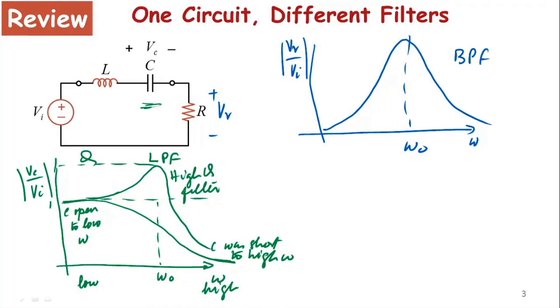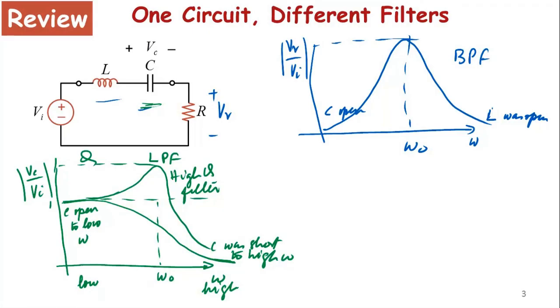The reason the circuit behaved like this was, recall, when the frequency approached omega naught, the impedance of the inductor and that of the capacitor tended to cancel each other out, causing the signal to drop pretty much across the resistor. For very, very high frequencies, the inductor L was open, so most of the voltage fell across L. For very, very low frequencies, C was mostly open, so most of the voltage fell across C. So that's the band pass filter.